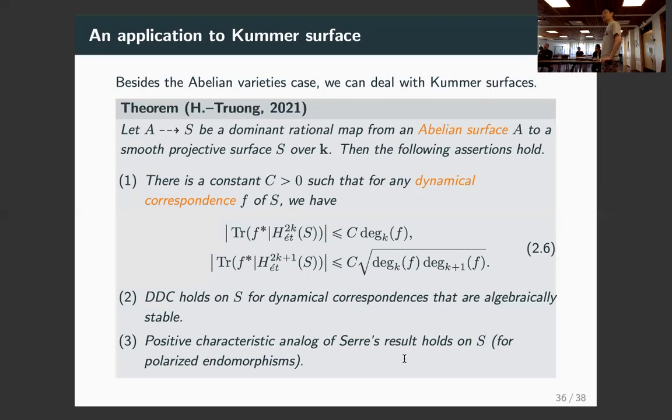Yes, Serre's result is for singular cohomology. Yes, but when you speak about standard conjectures, it is for l-adic cohomology. Is it any Weil cohomology? Any Weil cohomology? Yes, but here you introduce this norm. Do you do this with any Weil cohomology?